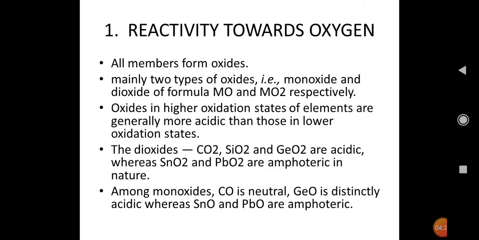So simply, all group 14 elements form two types of compounds by reaction with oxygen, the monoxide and the dioxide. The oxides in higher oxidation state are more acidic than in lower oxidation state, and we have seen a number of examples.